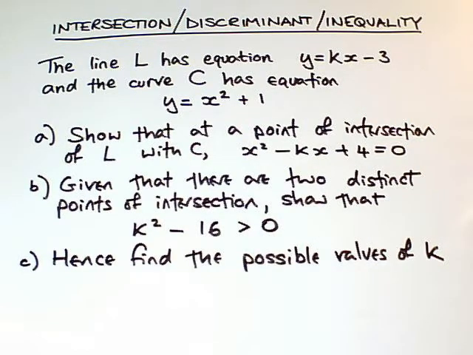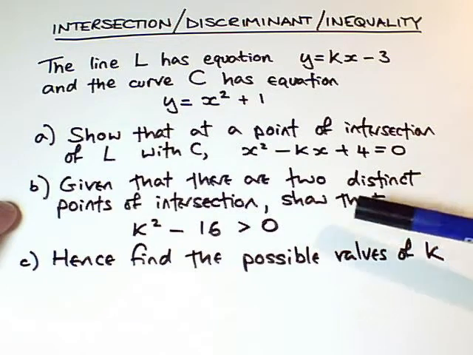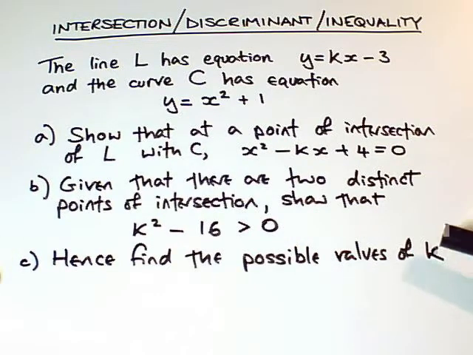In part A, we're going to find at a point of intersection, we're going to show that this is true. And then it tells us a little bit more about the intersections, and we've got this to show, and then we've got to find the possible values of k. We've got to pick up the use of show that questions, and we've got to pick up the key words.